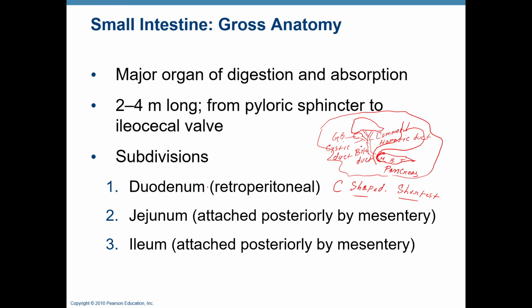So three parts of the small intestine: duodenum, jejunum, and ileum. Duodenum is retroperitoneal, that means behind the peritoneum, outside of the peritoneal cavity.